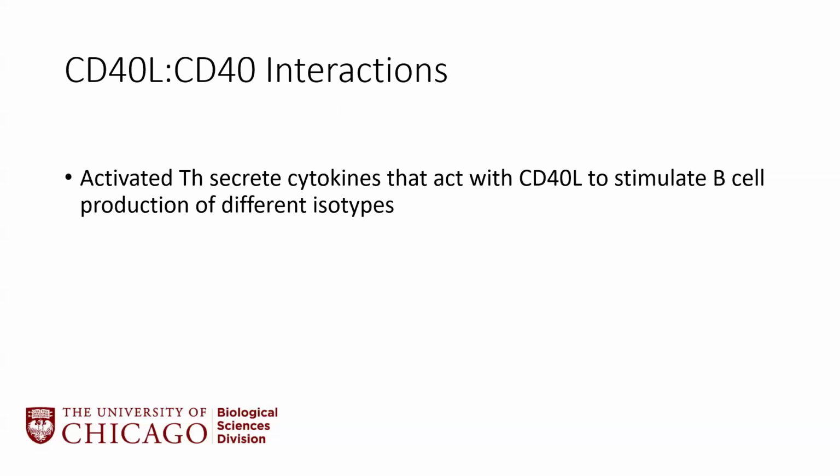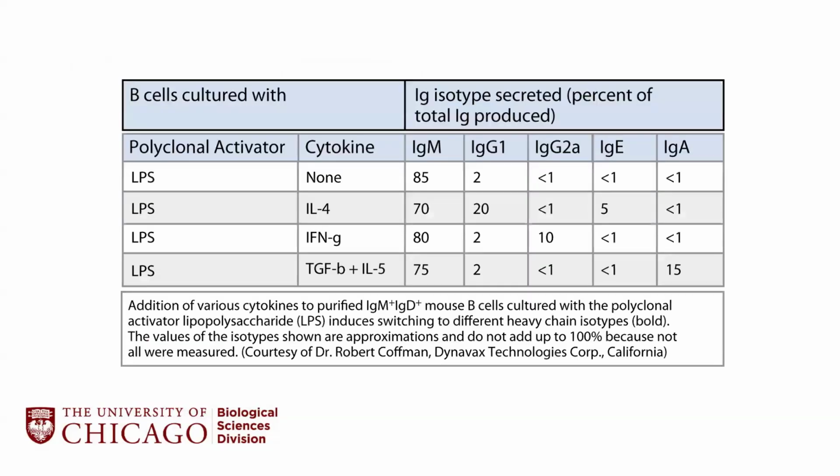So the activated T helper cells will secrete cytokines that, in addition to that CD40 ligand, will stimulate B cells to produce different isotypes. So depending on what cytokine it sees, it will produce different isotypes. Okay, so here are some examples from an experiment that was done.